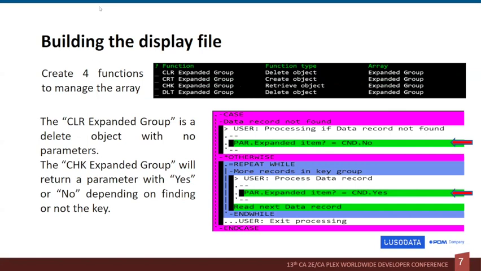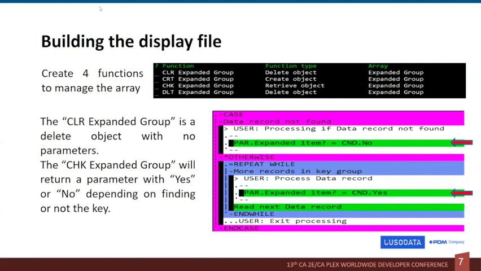There are 4 functions for the array: create object, delete object. Everybody knows how those work. But a clear expanded group, which is delete object without keys, clears the whole array at one time.